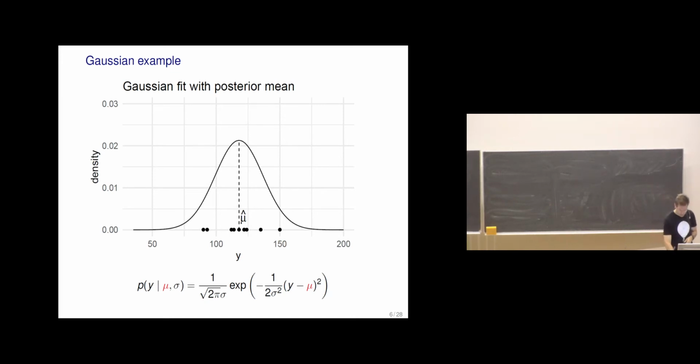Then the black density here is also conditional on sigma, and for drawing the specific distribution I used sigma hat, which was the posterior mean of the standard deviation.